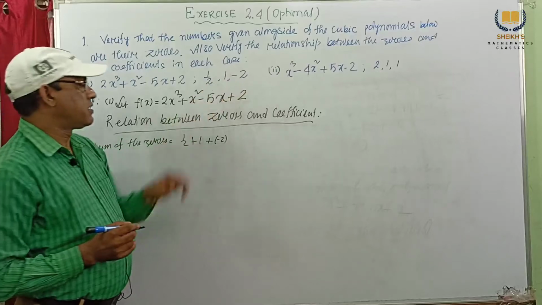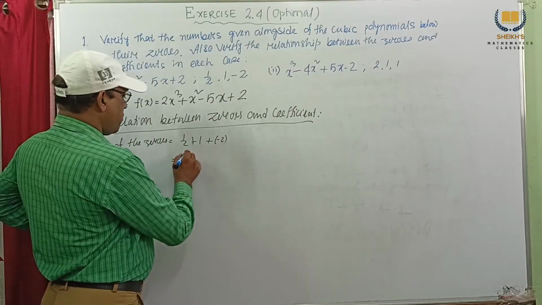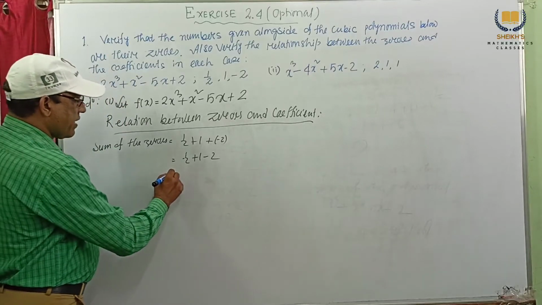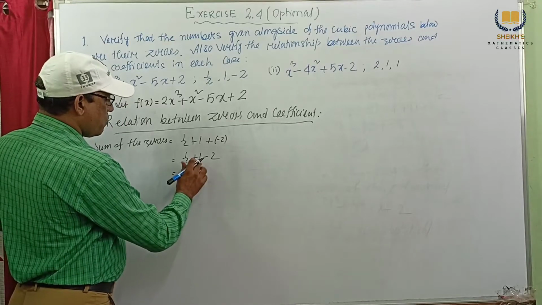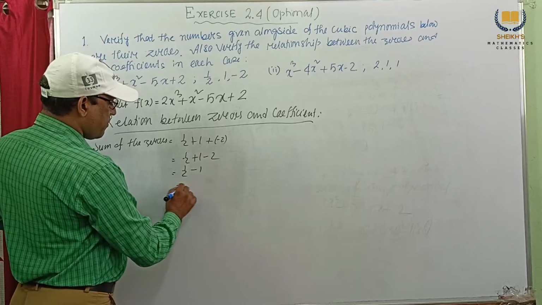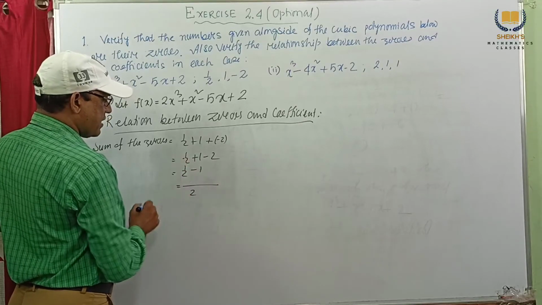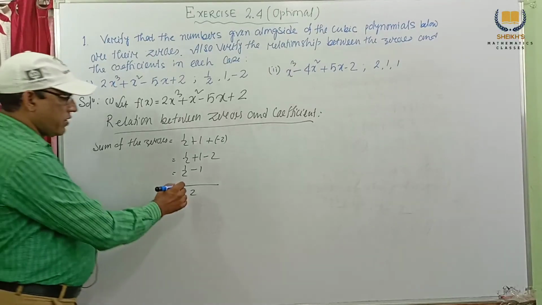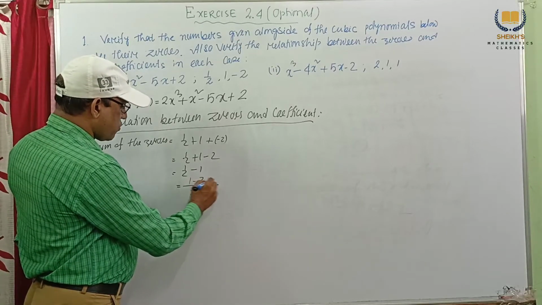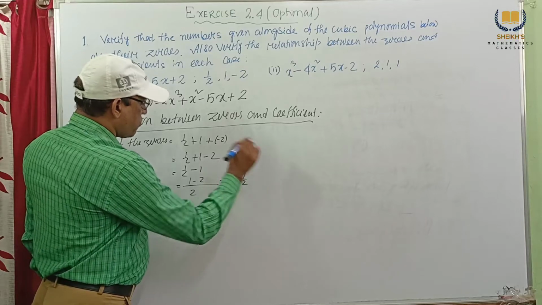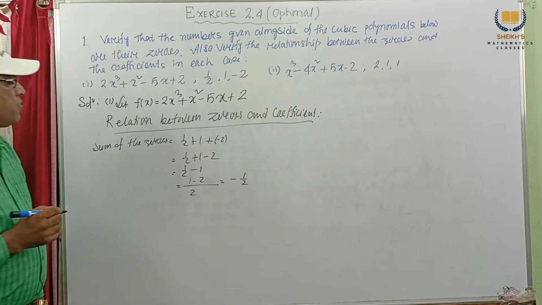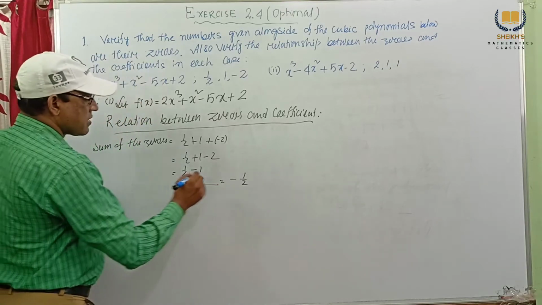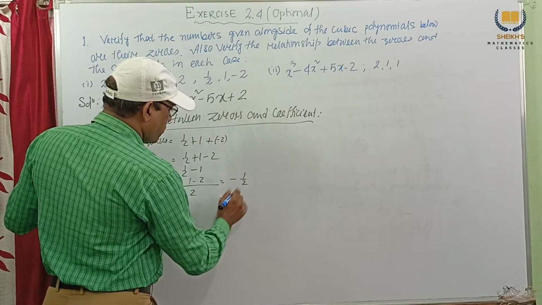So this is 1 by 2 plus 1 minus 2, and 1 minus 2 is minus 1. Taking LCM 2, we get 1 minus 2 minus 2 by 2, so the sum of the zeros is equal to minus 1 by 2.